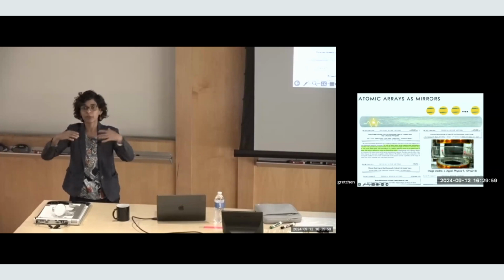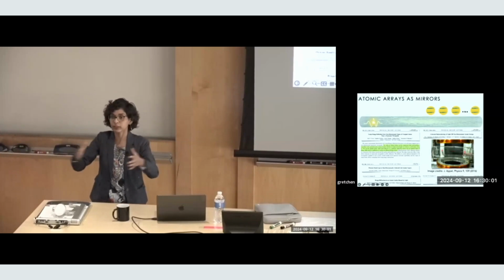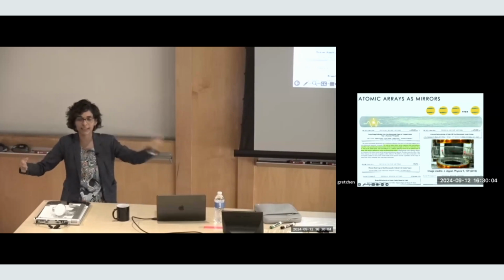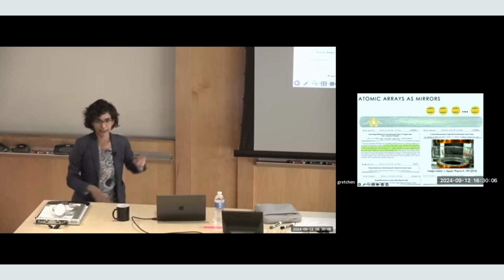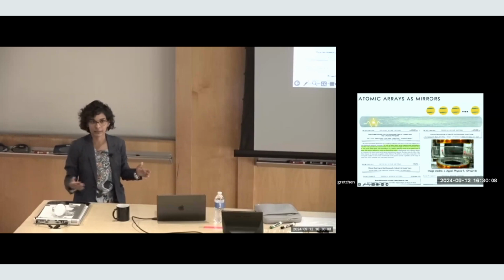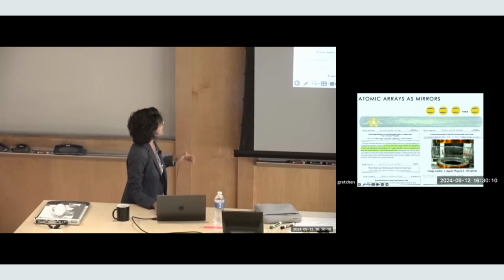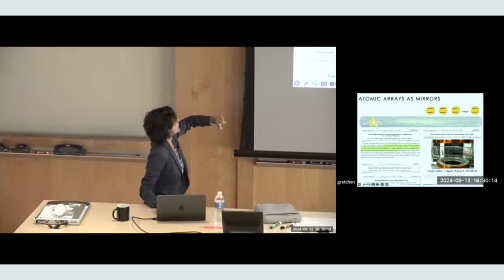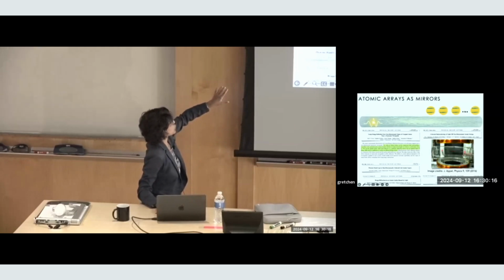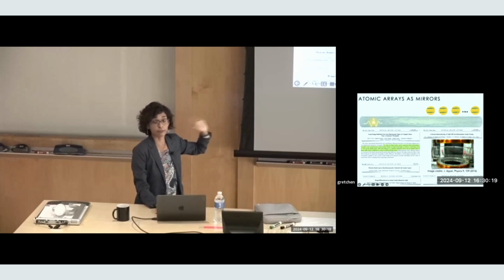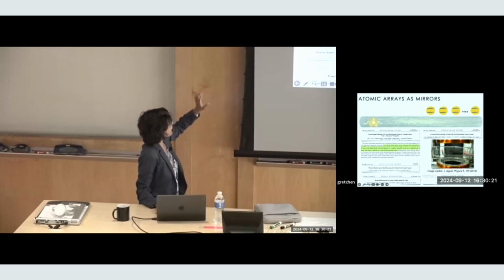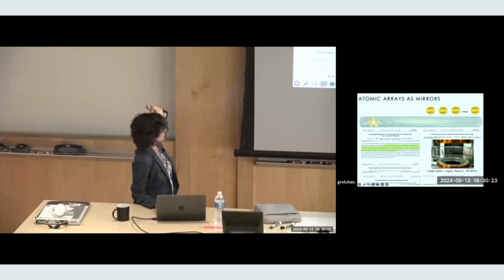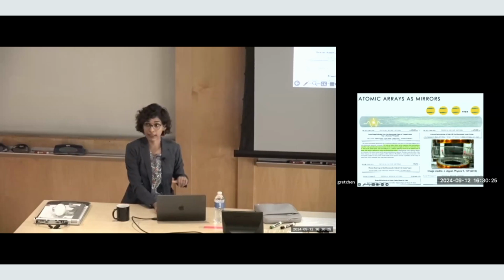So just like you have a regular dielectric Bragg grating that reflects light, you can make a Bragg grating out of single atoms as well. And this has been experimentally demonstrated in waveguide coupled atoms, that such Bragg atomic mirrors, about 2,000 atoms, can reflect 75% of the light back.